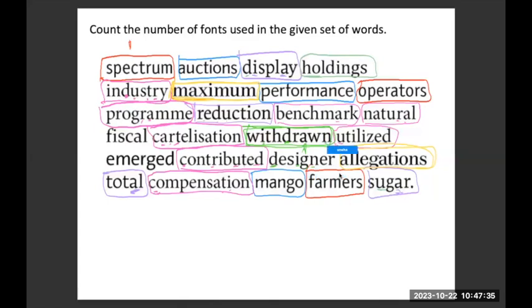Ma'am, designer and holdings. Right, designer and holdings will go together.